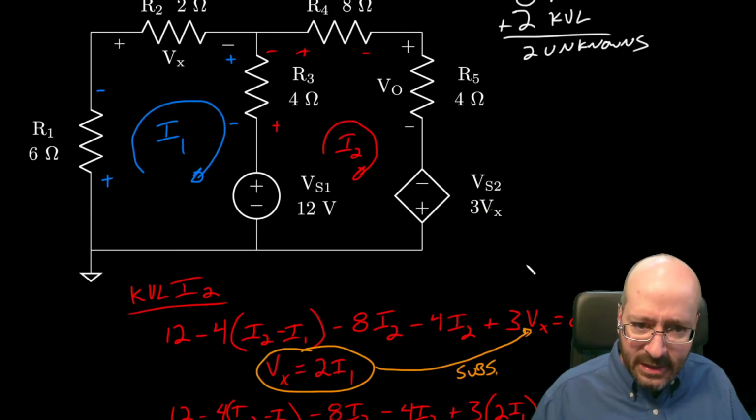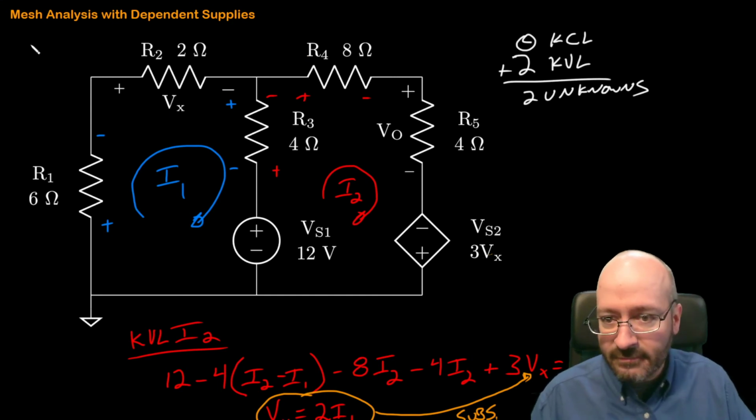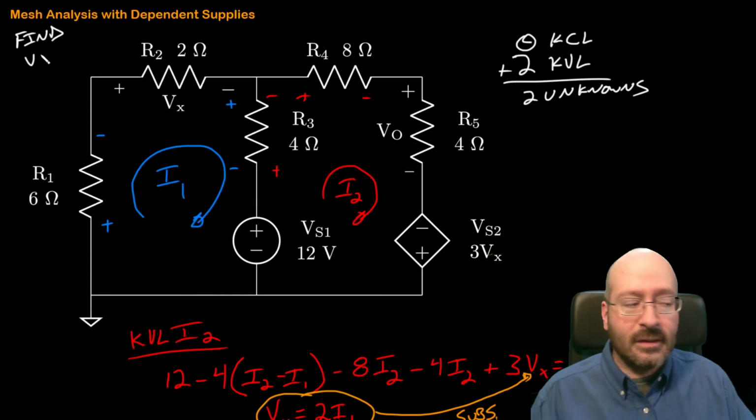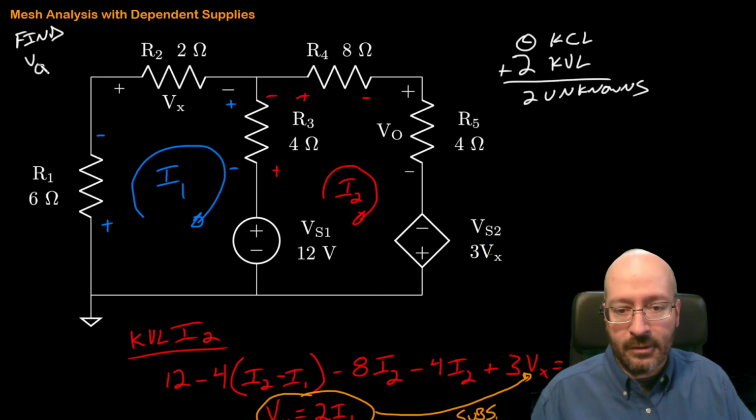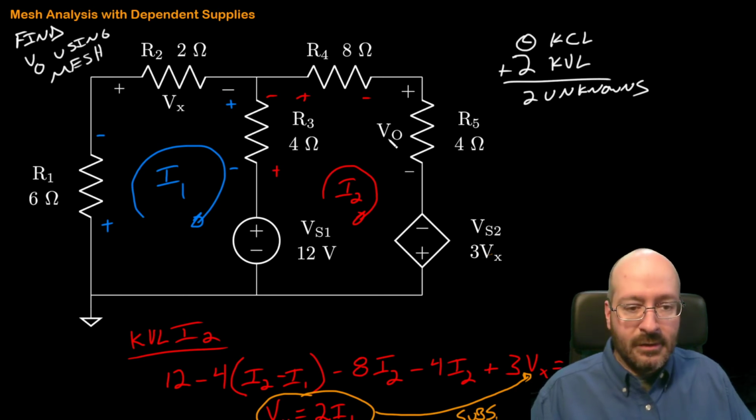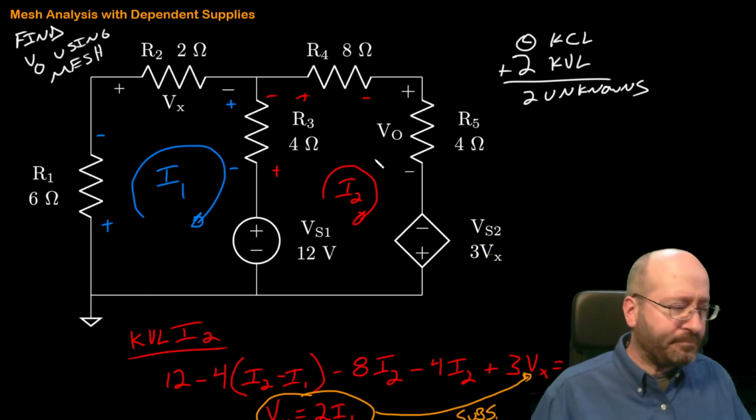I don't know if I said that. No, I didn't. When I cut and paste these out of my notes, it gets lopped off. So find V out using mesh. Okay. V out. It's right there.